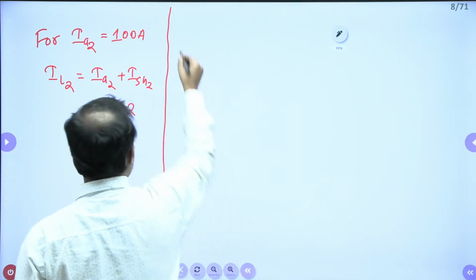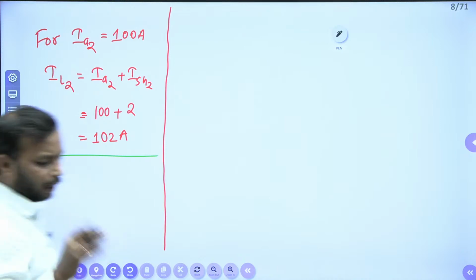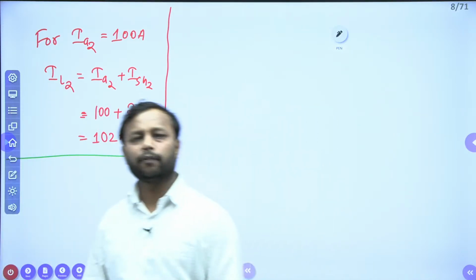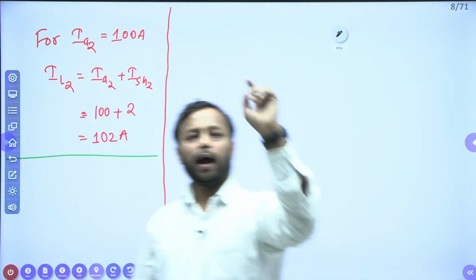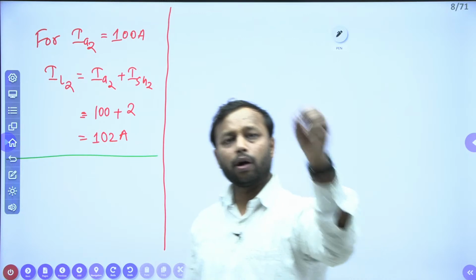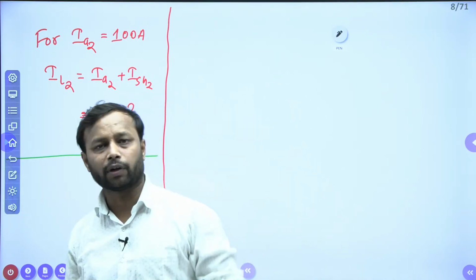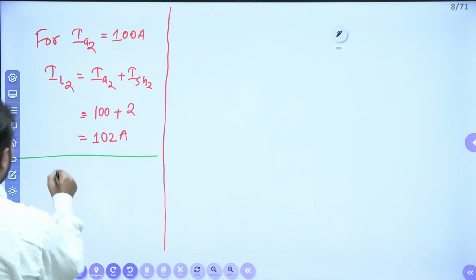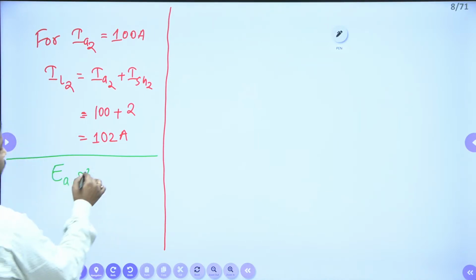Now in this case, whenever you are supposed to find the speed, you will directly jump to the EMF equation, whenever the question is related to the speed. EA is the no load EMF in the machine.